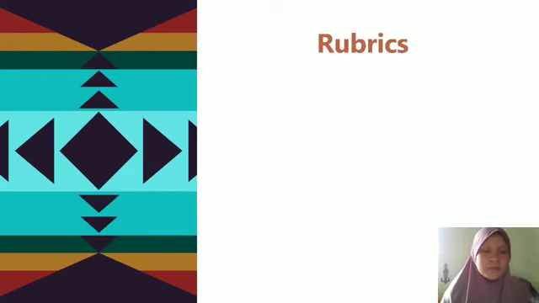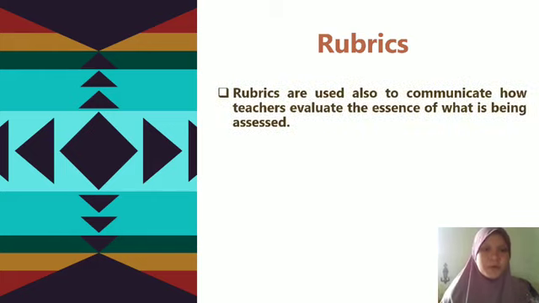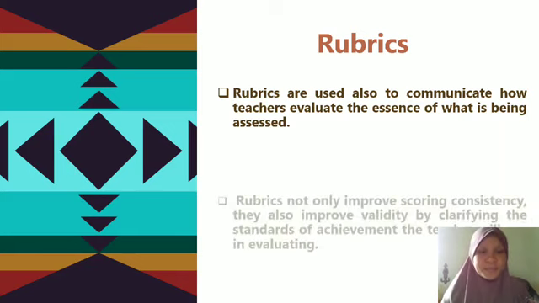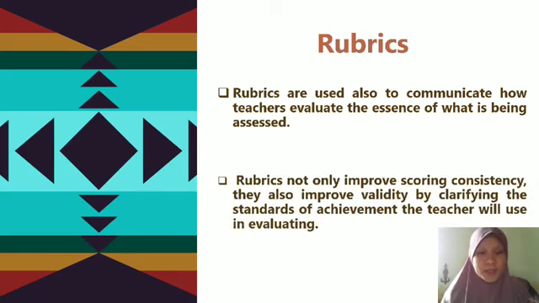Rubrics are also used to communicate how teachers evaluate the essence of what is being assessed. Rubrics not only improve scoring consistency, they also improve validity by clarifying the standard of achievement the teacher will use in evaluating.